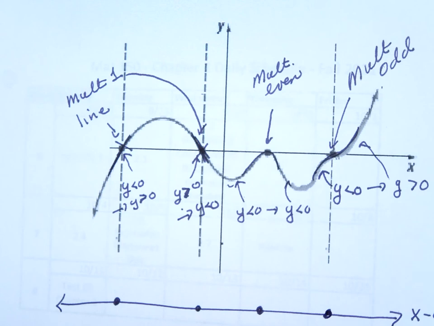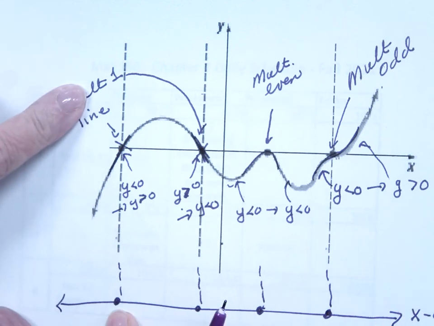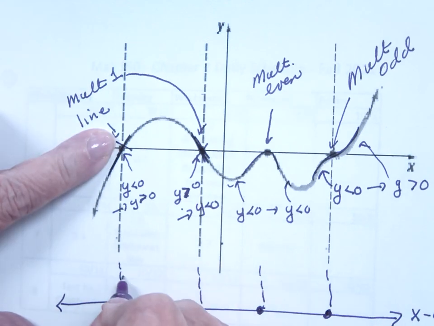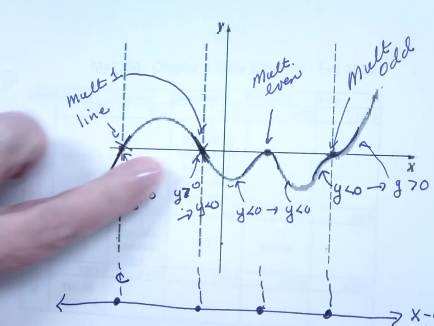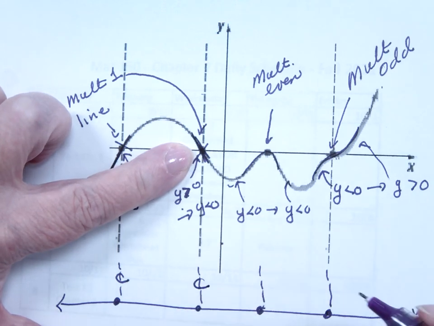So I put my critical numbers on the number line. I will note the multiplicity. The first critical number is multiplicity 1, so there's a change across that critical number. Second critical number is also multiplicity 1. There's a change in y as you cross that critical number.